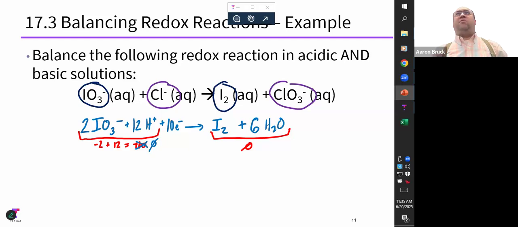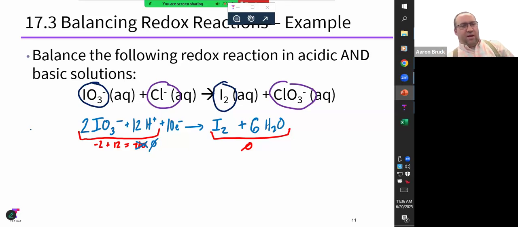Okay, that's one way to do it. The other way, we can look at the reaction directly. Oxidation is loss, right? Is this reaction losing electrons? No. The reactants are gaining electrons. Gain of electrons is reduction. So I could identify it as reduction based off of that as well.